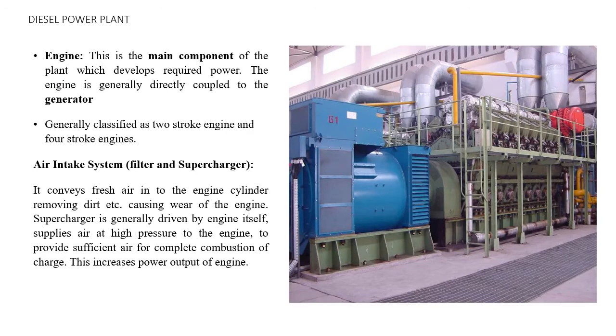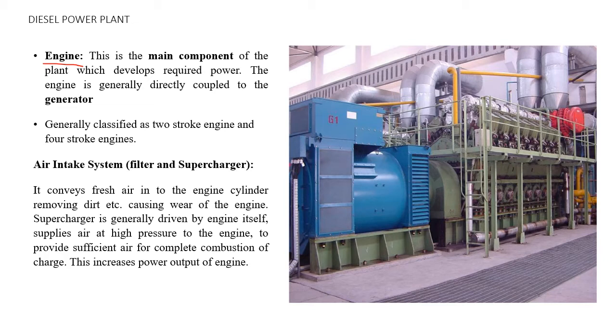In the previous slide we discussed the layout of diesel power plant, and in that I also showed you the different systems, the components of diesel power plant. Here I'll just give you an introduction about the different parts. The first one is the engine, which is the main component of the power plant, and usually we have 2-stroke engine and 4-stroke engine. Engine is directly coupled to the generator where the power generation takes place.